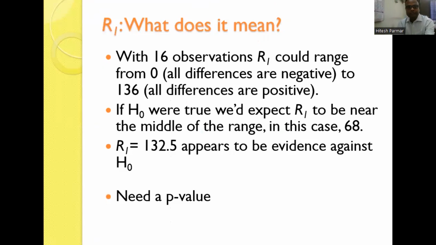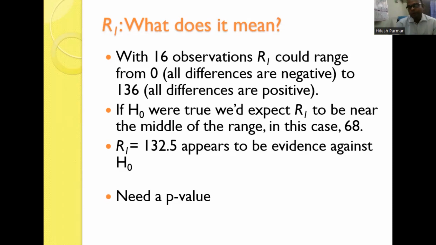And if we divide this equally, 136 divided by 2, what will be our answer? 68. So if the null hypothesis is true, then we could expect 68 for the positive difference and 68 for the negative difference. But what we get is 132.5 as positive and only 3.5 as negative. So it is definitely imbalanced and more towards the positive side.